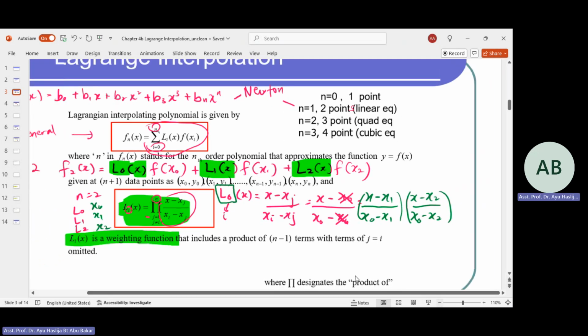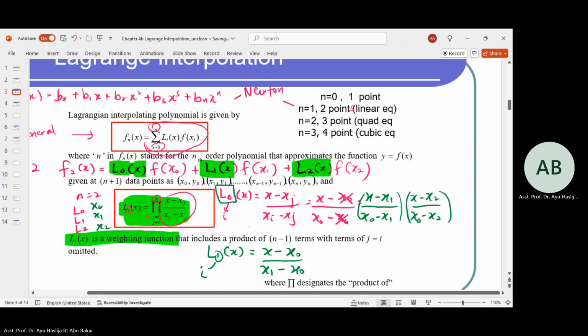For L1(x), x minus xj, j must start from 0. So here x0, xi is 1, this is your i. So x1 minus x0. Multiply, because we have another point.